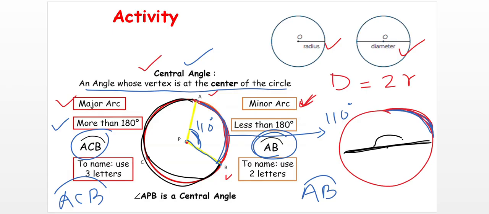So this side will be 180 and this side will be 180. When an arc is less than 180, we call it a minor arc and we write it with 2 letters. And when an arc is more than 180 degrees, we call it a major arc and we represent it with the 3 letters ACB. Is that clear?